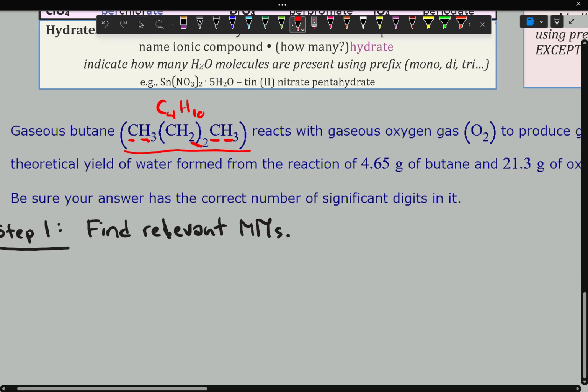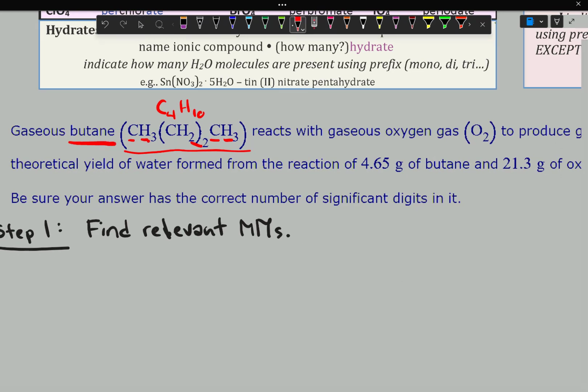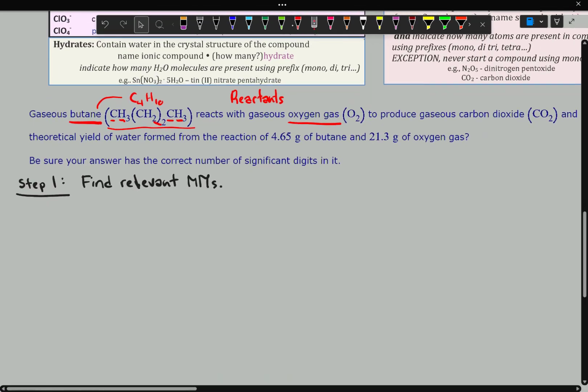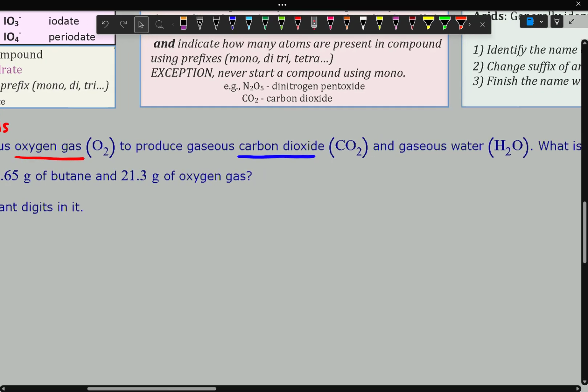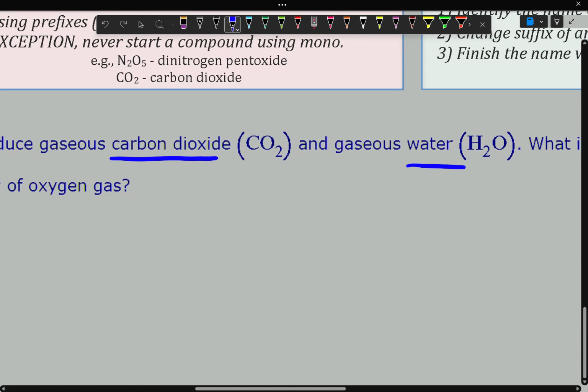So we also want to identify that butane, which is C4H10, and oxygen gas, which is O2, these are the reactants. And then those reactants are going to react together and form carbon dioxide and water, H2O.